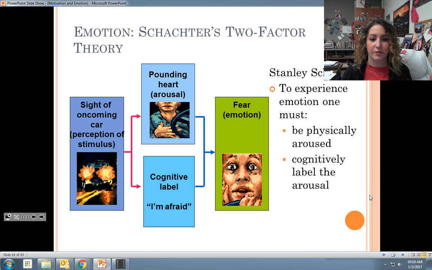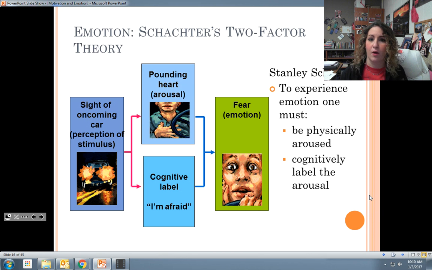The James-Lange theory said our heart pounds and then we experience fear. This one is saying our heart pounds and we experience fear afterwards, but with the heart pounding, the brain is making a cognitive label of, the heart is pounding because I'm afraid, and then you experience fear. So this is the only one in which the brain is involved.